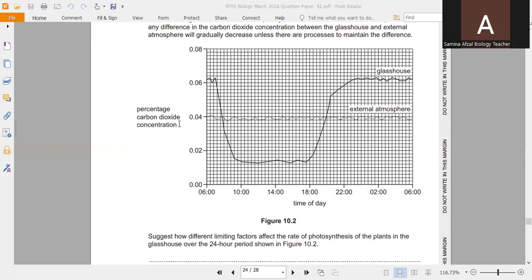So on the x-axis, they have given the time of the day, and on the y-axis, percentage carbon dioxide concentration, which first starts decreasing at 6, and is decreased to less than 0.02% at 10, and it maintains the same until 18 hours. It starts to increase again in the glass house, whereas in the external environment it remains the same, that is 0.04%.